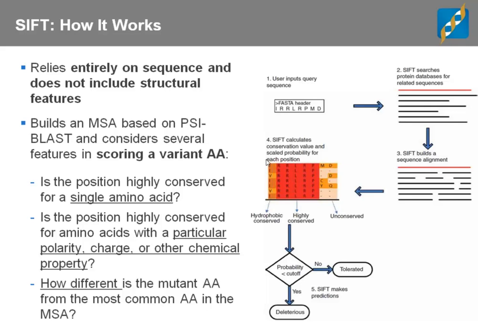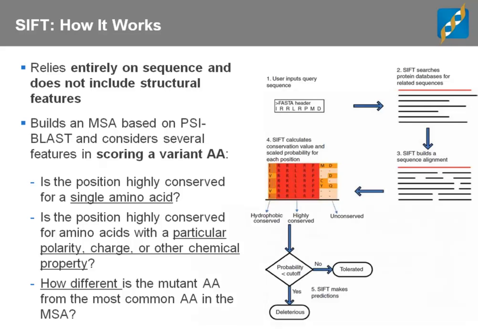We see over here on the left a column where all of the possibilities present in the alignment are hydrophobic in nature. And then it asks, how different is the mutant allele from the most common allele? So even if it's not a highly conserved position, it will look and see what's the most common, what have I actually created with my non-synonymous SNP, and are they chemically interchangeable or are they very different?